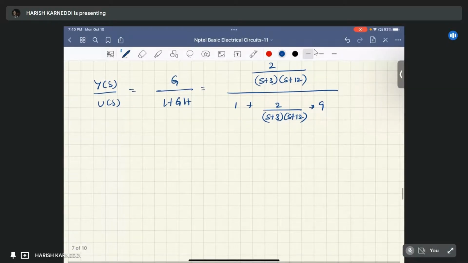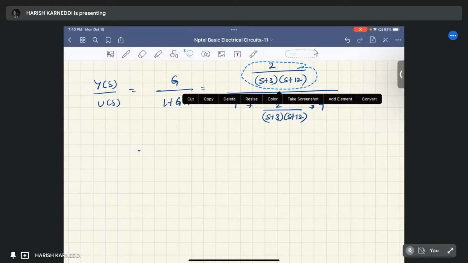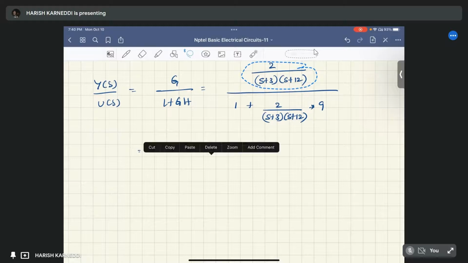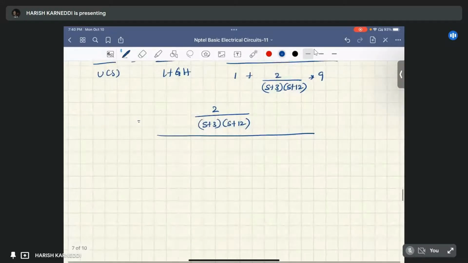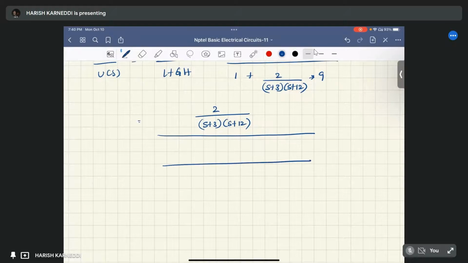Okay, we are going to simplify this. The numerator will be same. The denominator, we can take LCM. The LCM is (s plus 3) into (s plus 12).